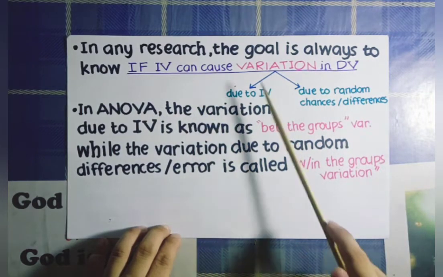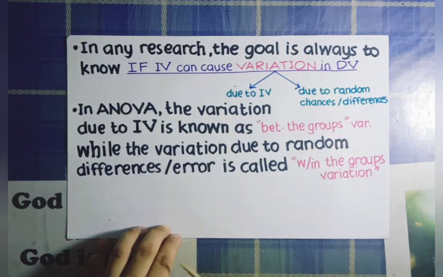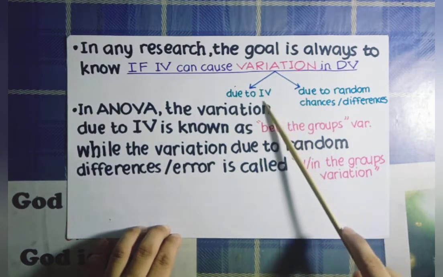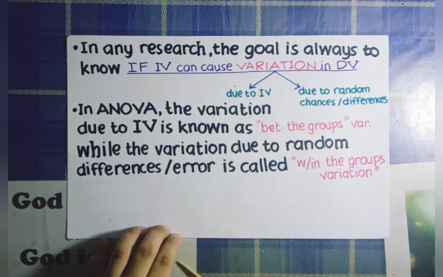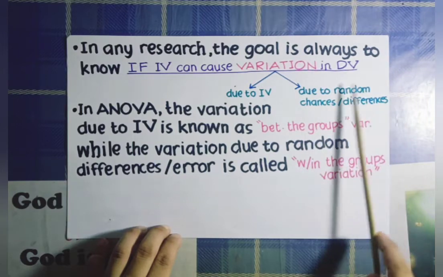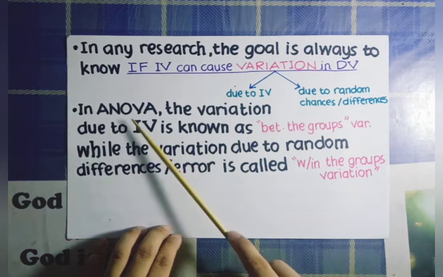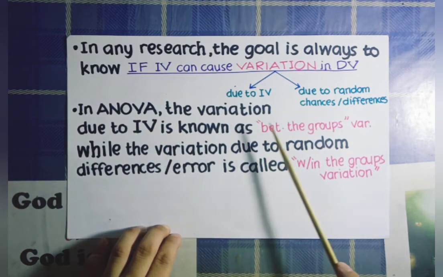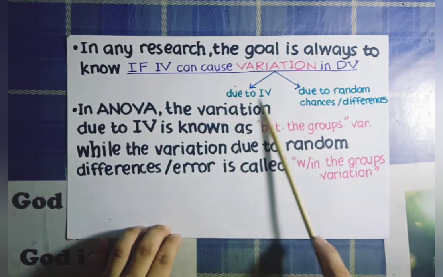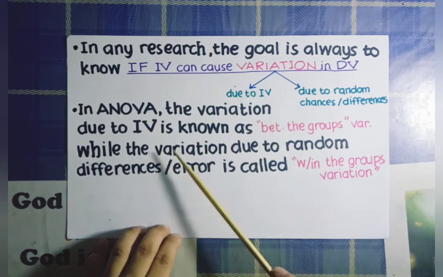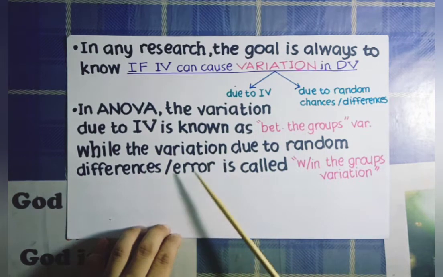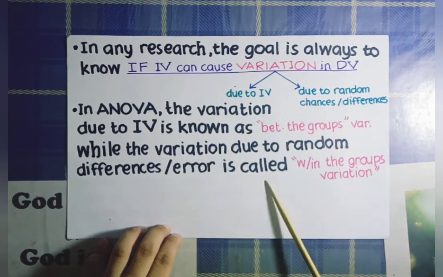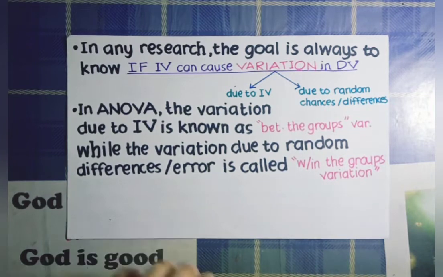Now take note that this variation may happen due to number one, our independent variable, or number two, random chances or differences. Now in ANOVA, the variation due to the independent variable is known as between the groups variation, and the variation due to random differences or error is called within the groups variation.